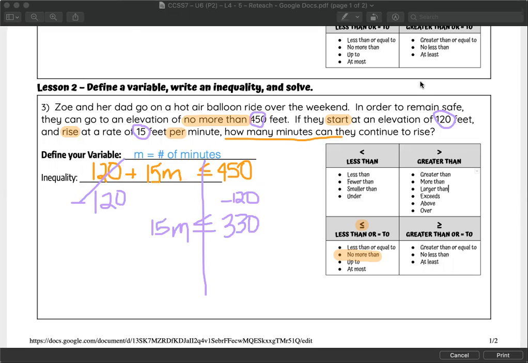Then last, m is being multiplied by 15. The opposite is to divide each side by 15. So we get m is less than or equal to 330 divided by 15 is 22.